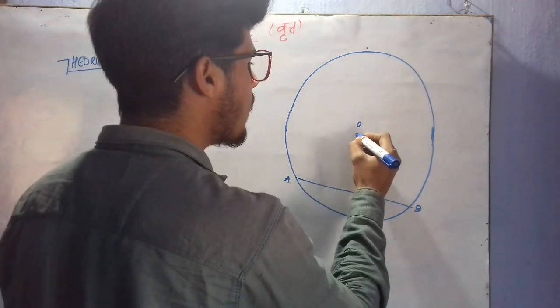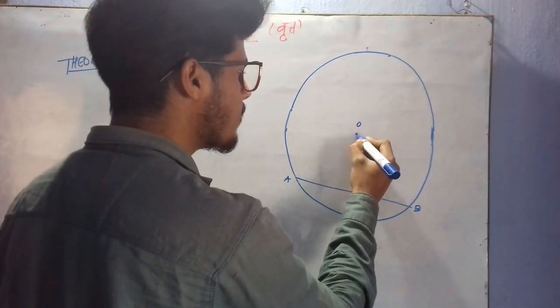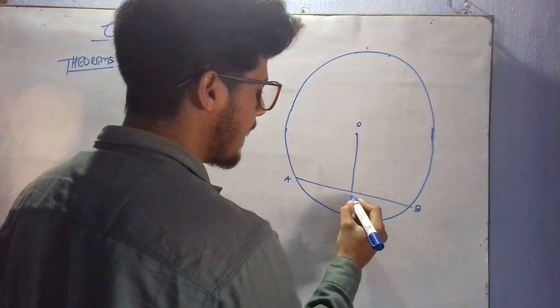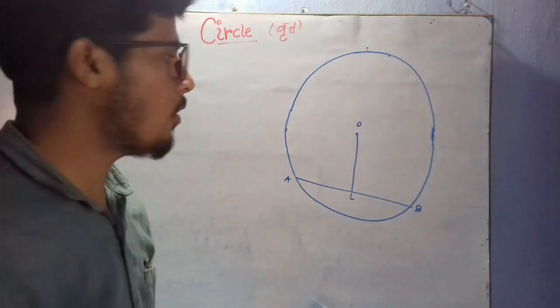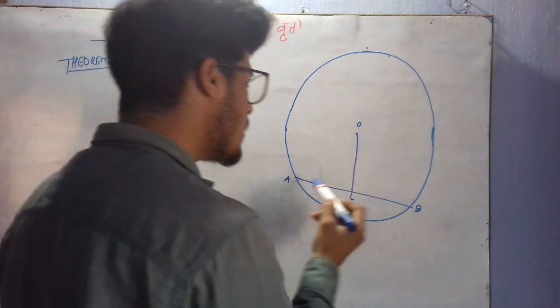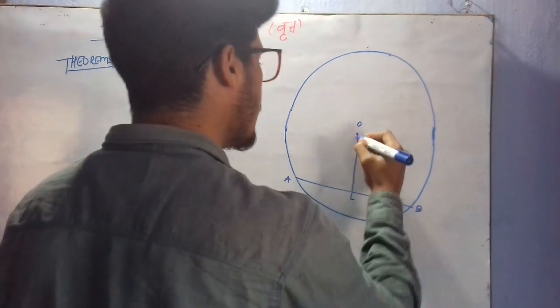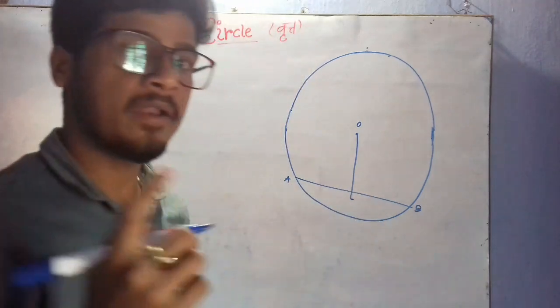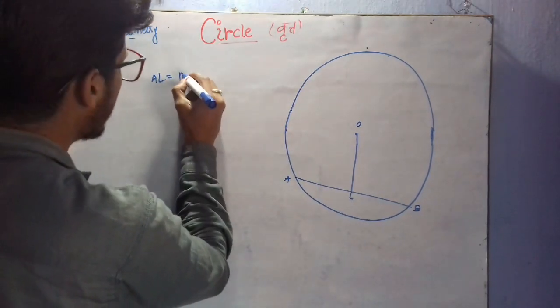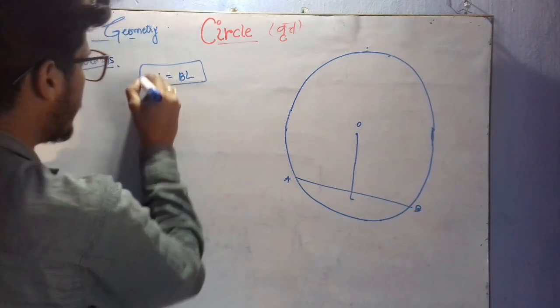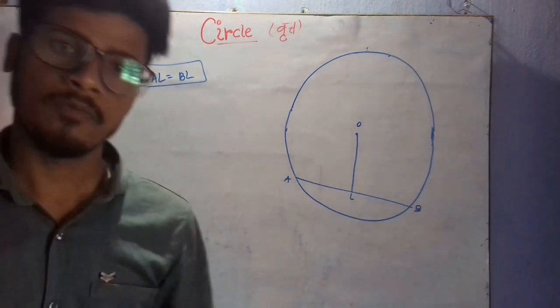So if we draw a perpendicular from the center to the chord at L, the chord will be divided into two equal halves. So it means AL will equal BL. This is our theorem 5.